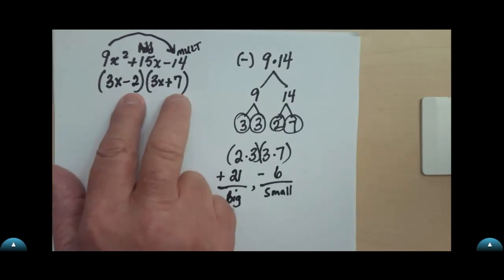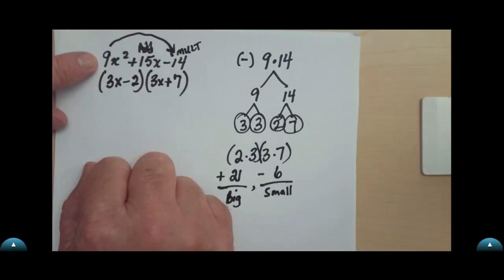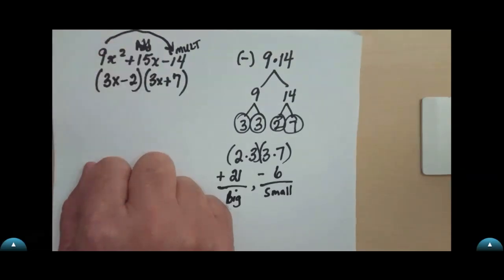Because those two numbers have to multiply to be -14. -2 times positive 7 is -14, right? That's it, it's factored. And if you took the time to FOIL that, you would see that when you FOIL it and combine like terms in the middle, you'll get exactly 9x squared plus 15x minus 14. Everybody see how this goes?